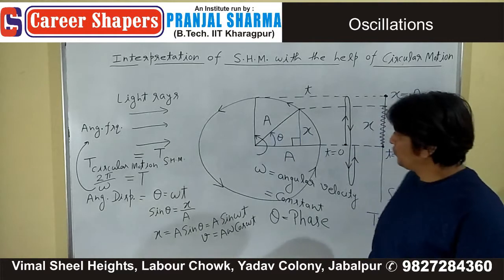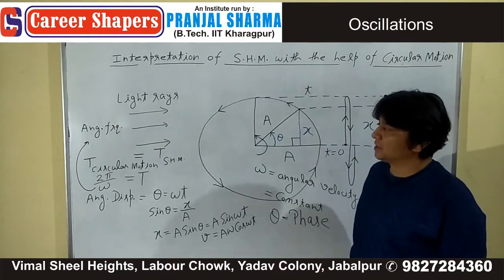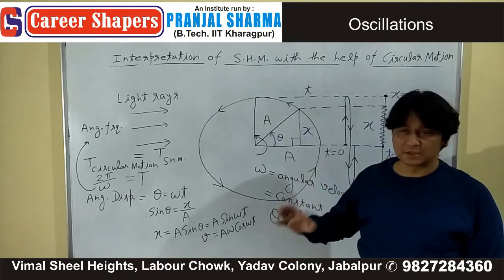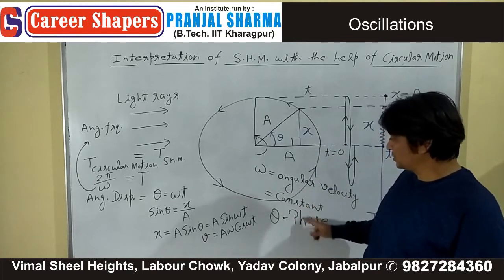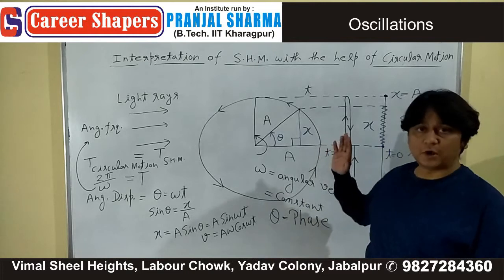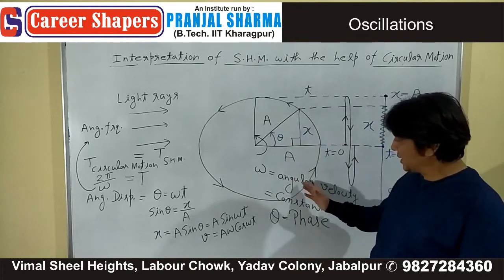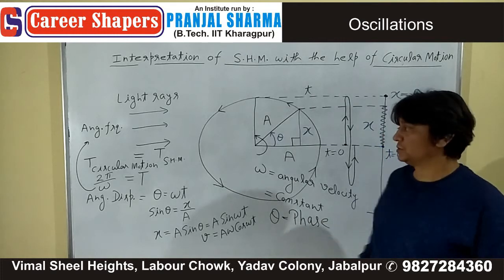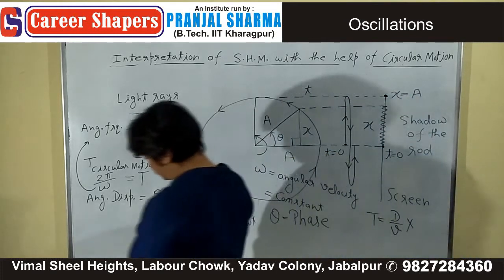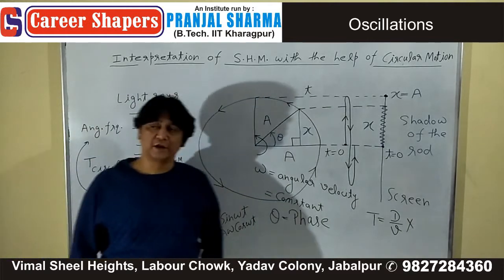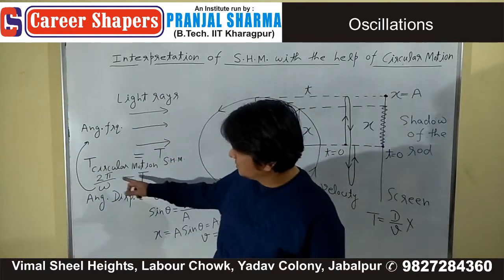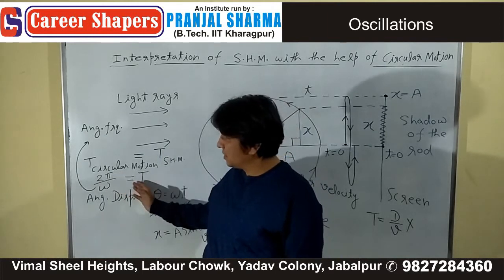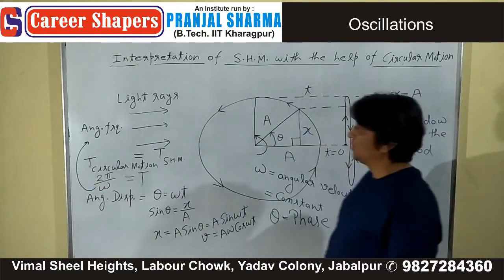But for circular motion, as angular velocity is constant, we can use time equals angular displacement divided by angular velocity.